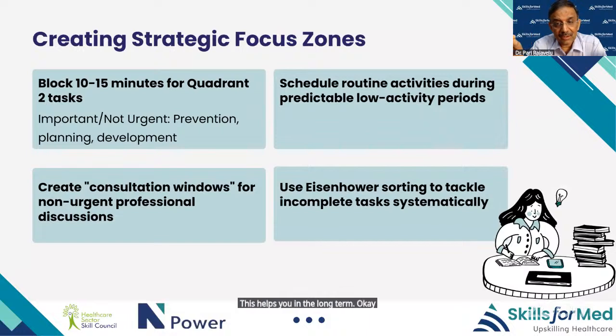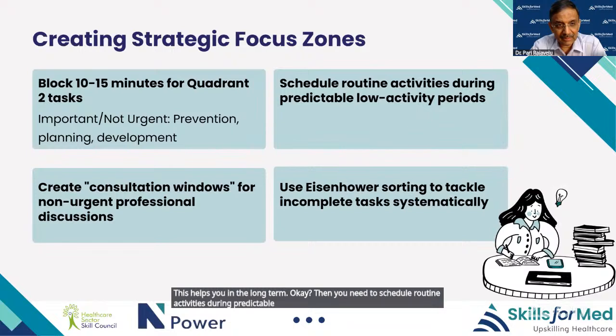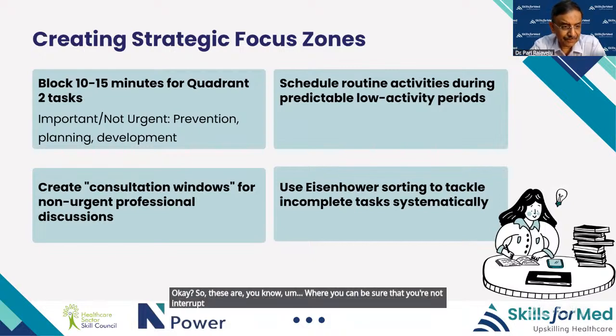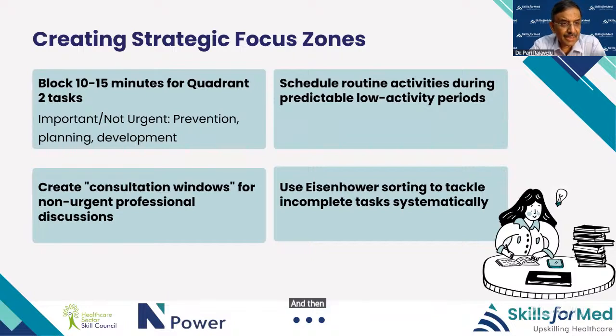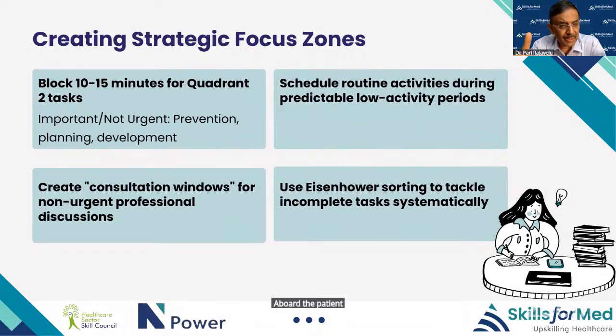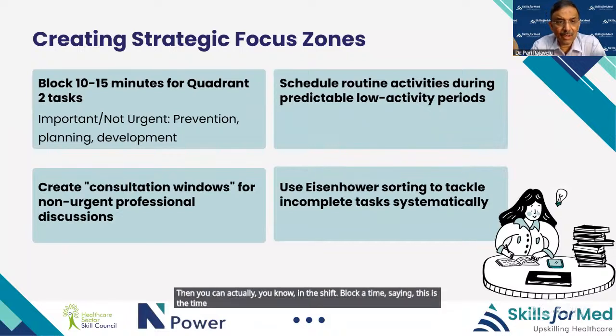Then you need to schedule routine activities during predictable low activity periods. This I already explained to you just now. These are where you can be sure that you're not interrupted. And if the patient and family want to discuss with you about the patient, or you need to give patient education, then you can block a time in the shift, saying this is the time I will counsel.